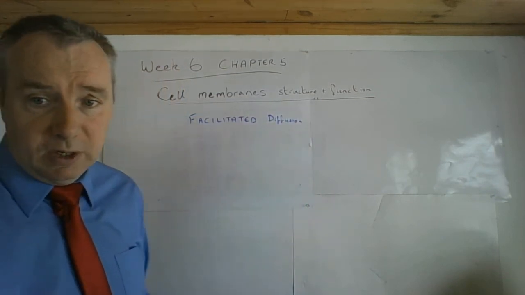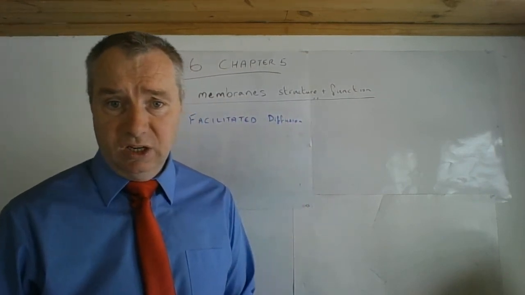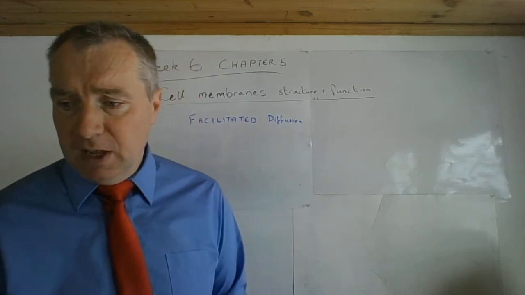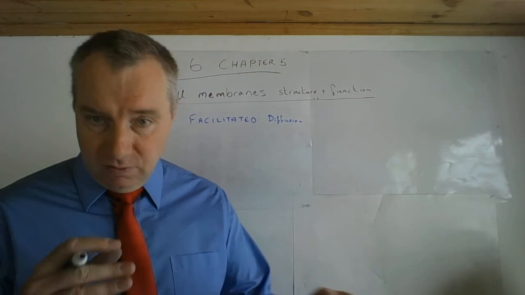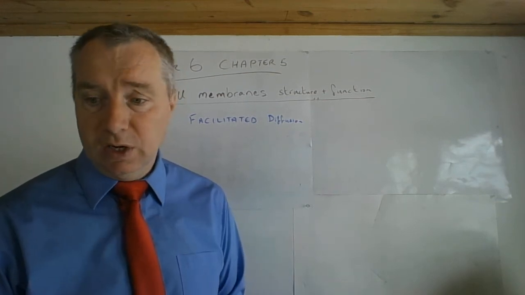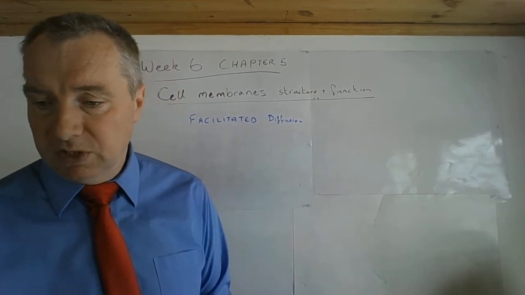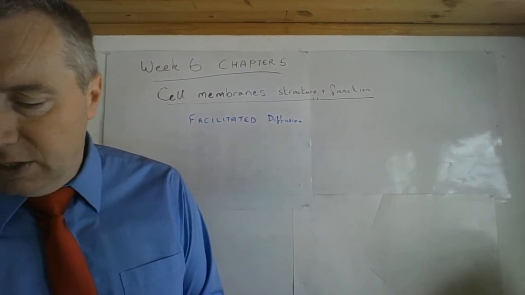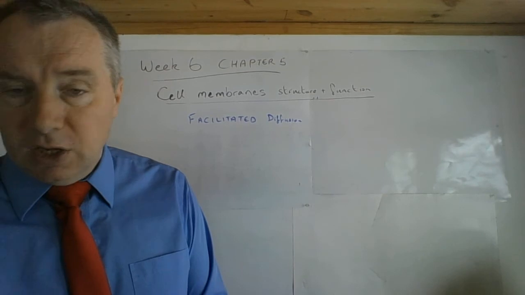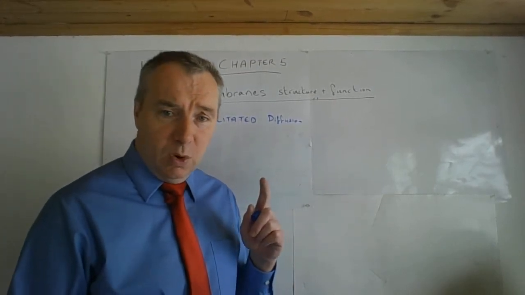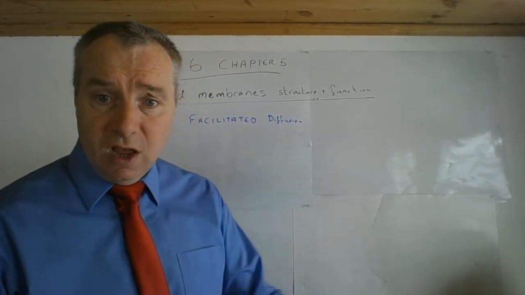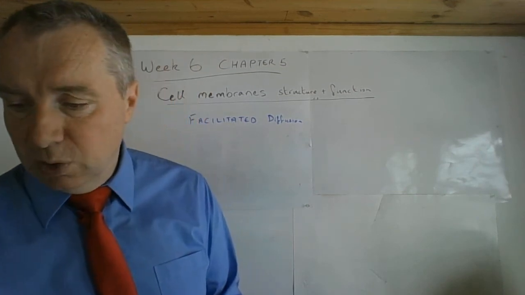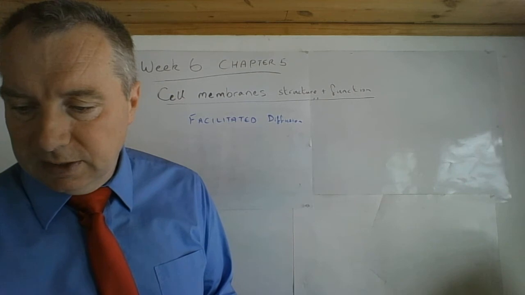So like we talked about earlier, simple diffusion is no energy, simply just passing on through, no problem. Diffusion, passing from a high concentration area to a low concentration area, that's simple diffusion. Facilitated diffusion, no energy is required, but sometimes we need to overcome the repulsive forces of the cell membrane itself, and we use facilitated diffusion to do that.